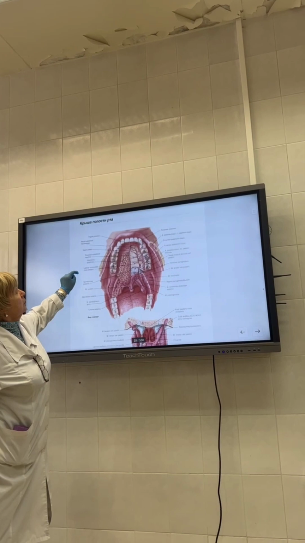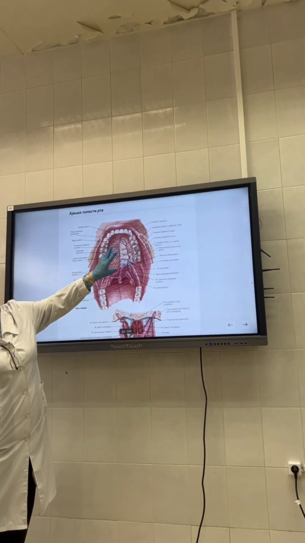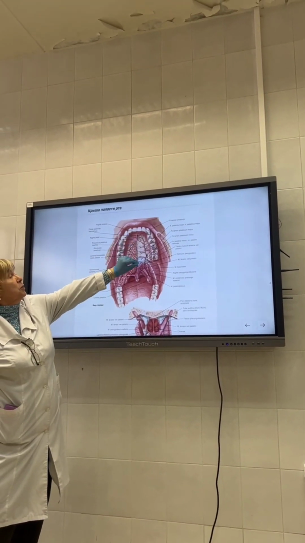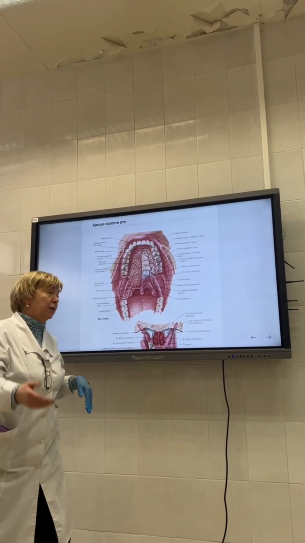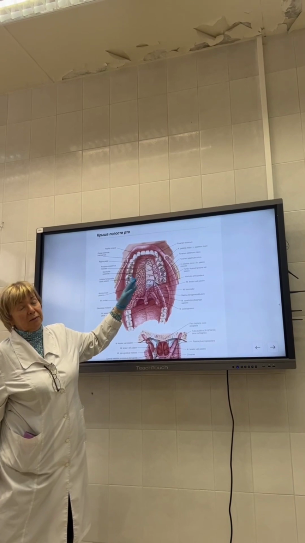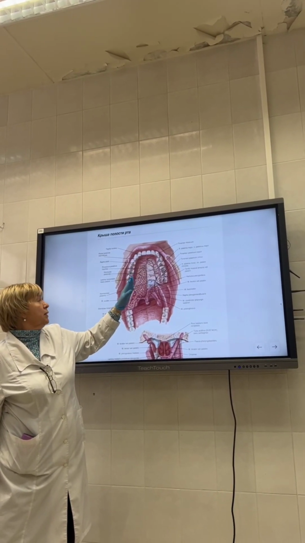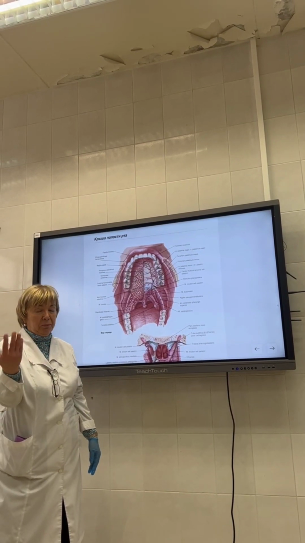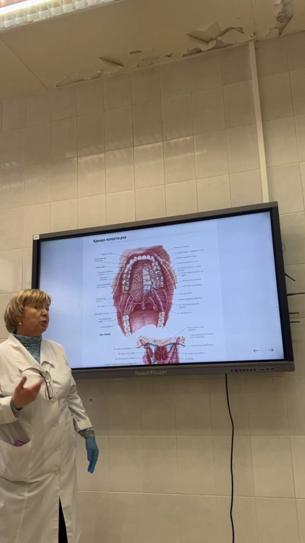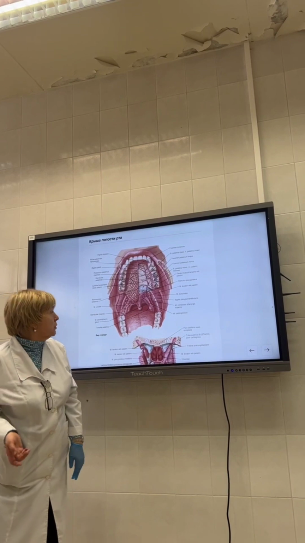This is the upper wall of the oral cavity, the hard palate, which is formed by mucous coat, and you will see small salivary glands. The back part of the palate is smooth, the soft palate, which is formed by mucous coat, muscles, and aponeurosis.